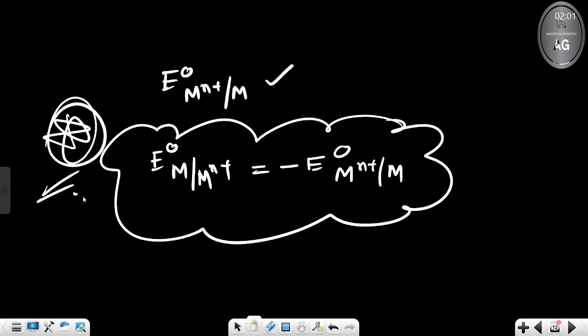That means if SOP, the oxidation potential, is given, and this is SRP, then we will write minus of this SOP. So minus SOP will give you the reduction potential. Similarly, if reduction potential is given and you want to go to oxidation potential, then simply add a minus. Okay? Clear? Now let us move on to the Nernst equation.